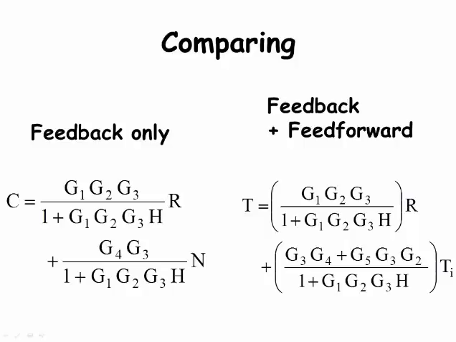The equation to the right is the equation for feedback plus feed-forward. The difference between the two equations due to feed-forward control is the G5 times G3 times G2 term in the numerator of the second term multiplied times the measured input T subscript I. That extra term provides the feed-forward element.